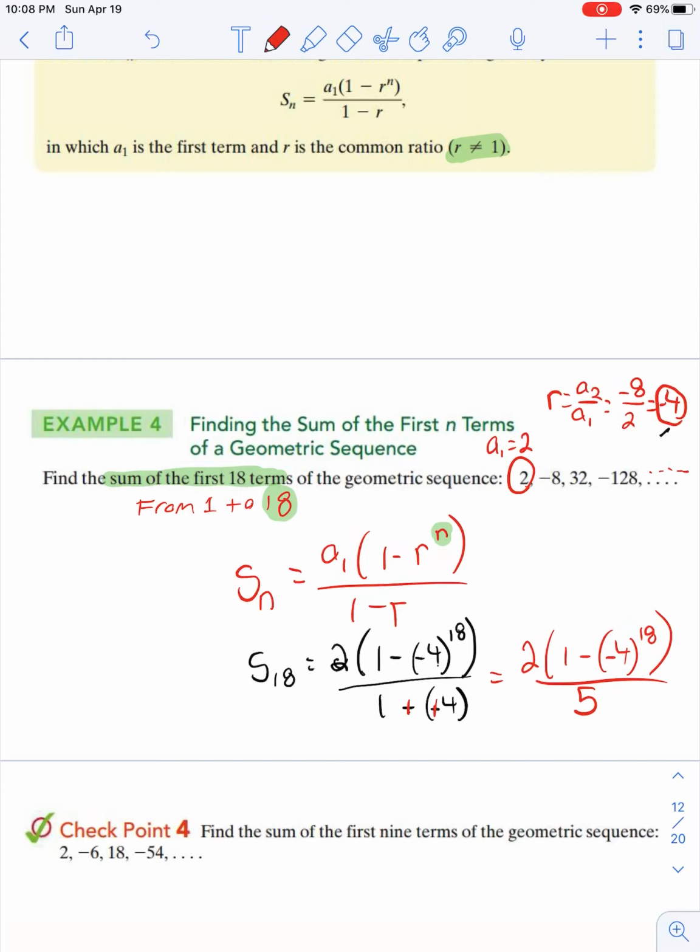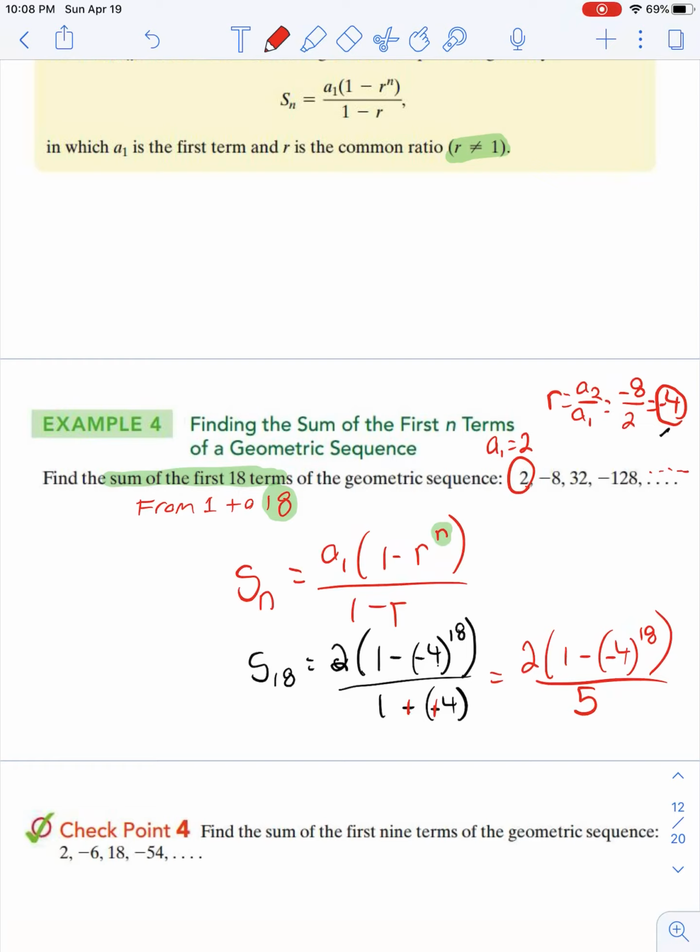What's going to happen, we're going to plug this in: 2 times, open parentheses, 1 minus, open parentheses, -4, close parentheses, to the power of 18, close parentheses, divided by 5. And in this case we're going to get a humongous number.